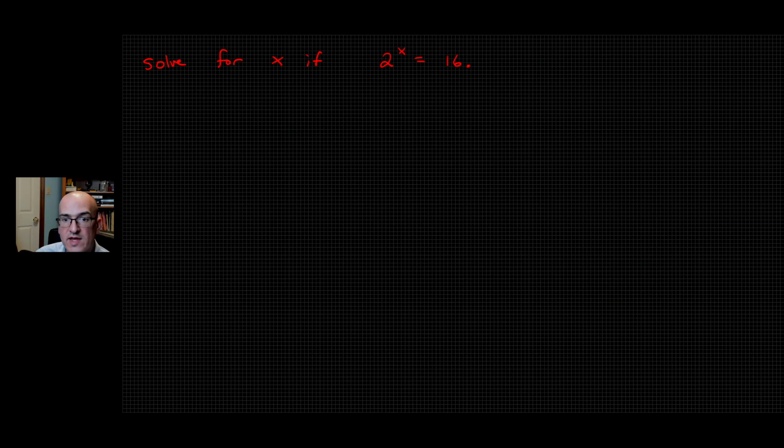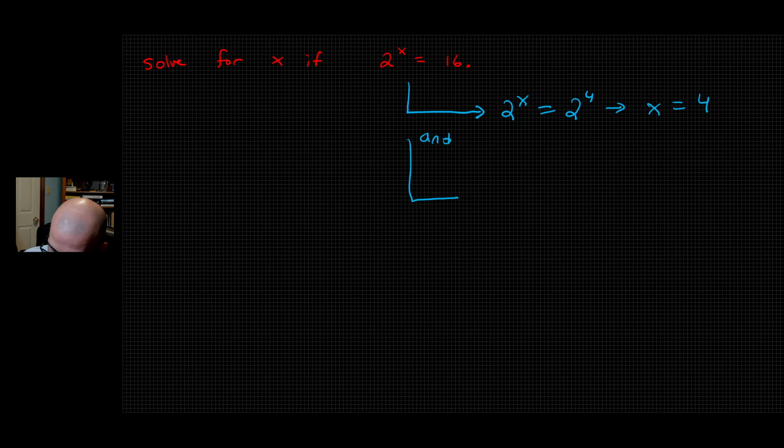Another question, 2 to the x is equal to 16. There's a few ways we can do this. Here's one method. We could say that 2 to the x is equal to 2 to the 4, recognizing that 16 is 2 to the power 4, and that means that x is 4. Or, we could take log base 2 of both sides.